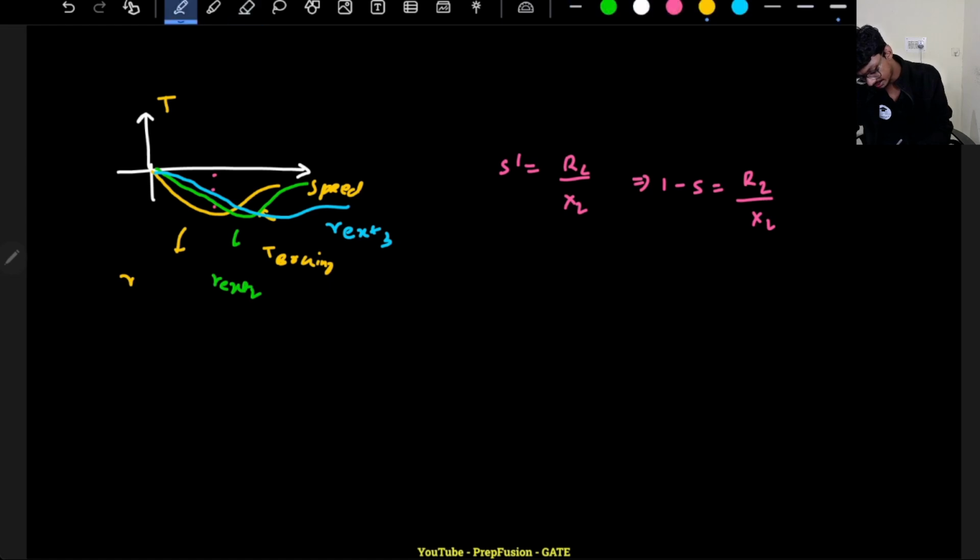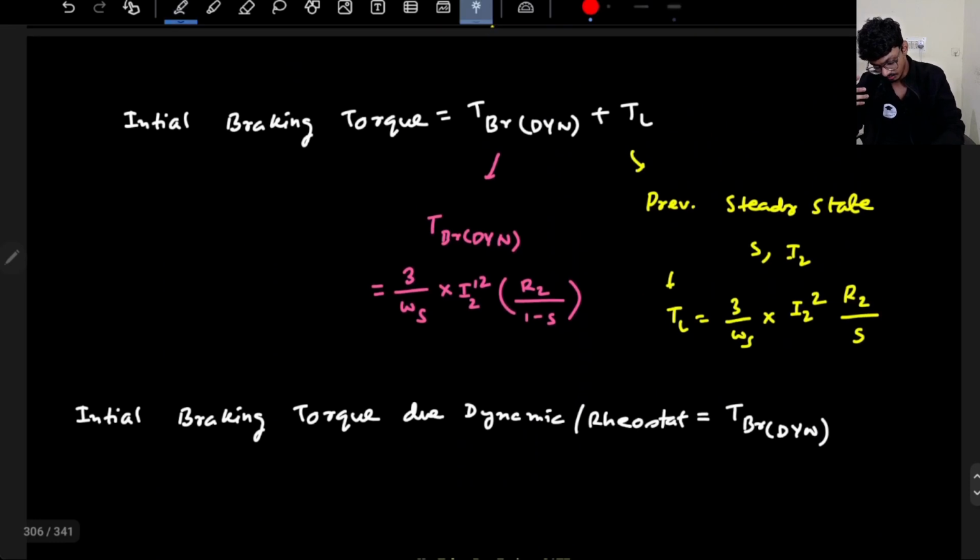So basically for higher speeds, I can provide higher braking torque by changing the location of the maximum slip, right? The more resistance you add, this value will increase. R2 will become R2 plus R external, so the torque also will increase. Roughly I2 square will reduce, this also will reduce, but this will increase by a larger amount.